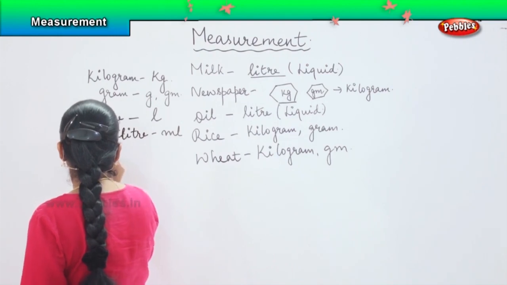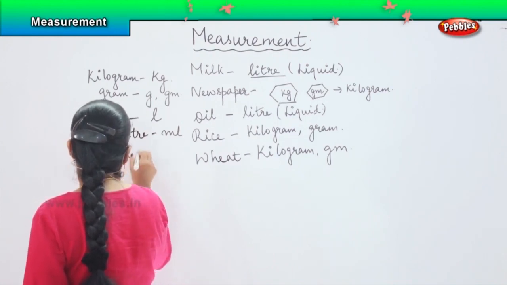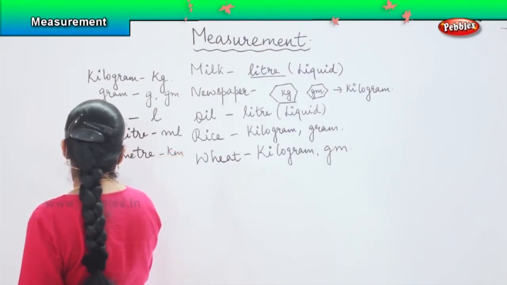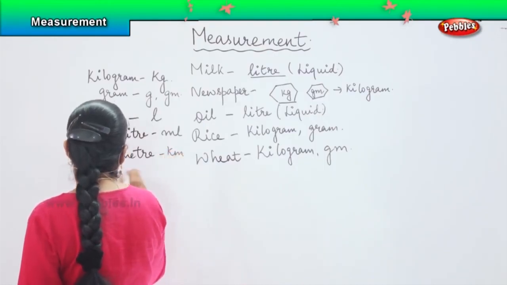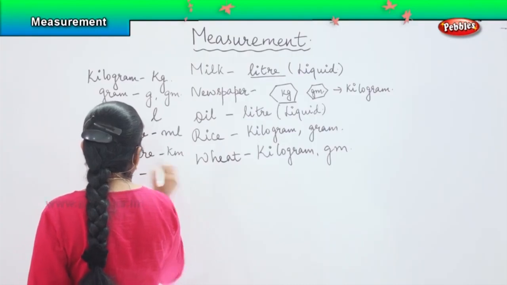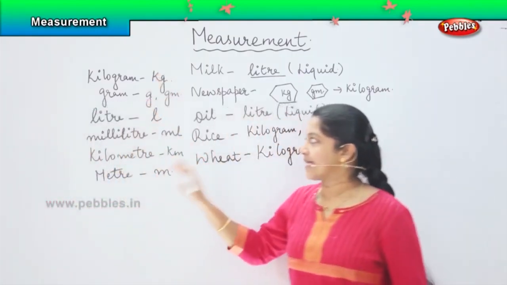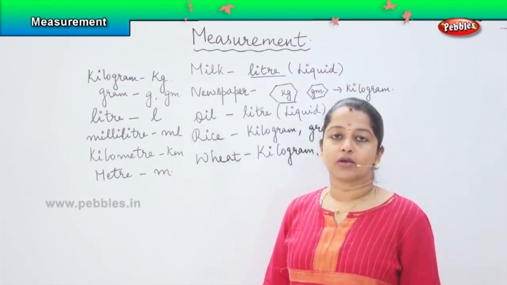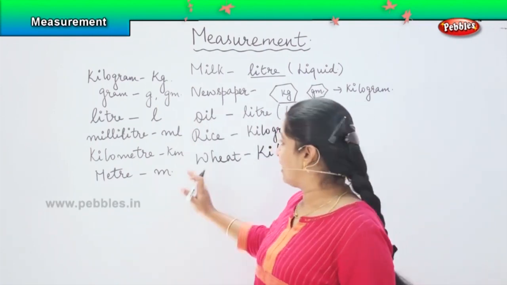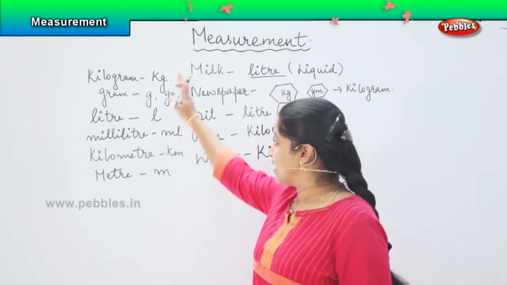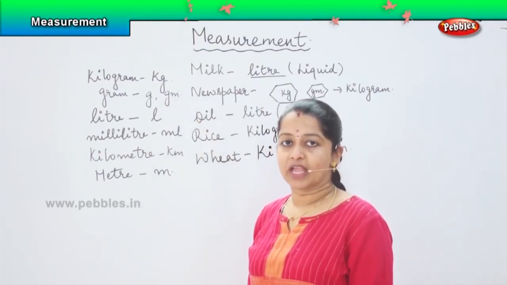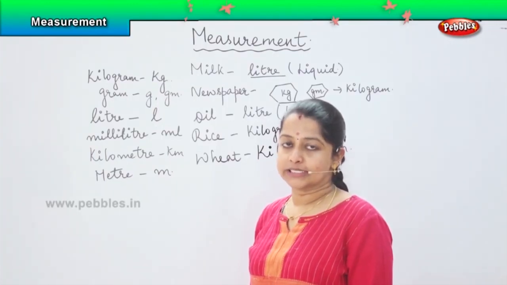For kilometer we write km, and for meter we write m. So these are the standard measurements which we will come across in our day-to-day life, and even while solving problems, these will be your basic units which we will be using at the end of the answers.